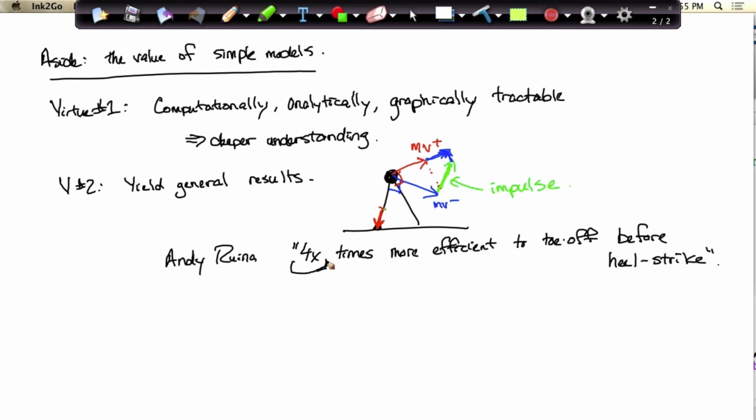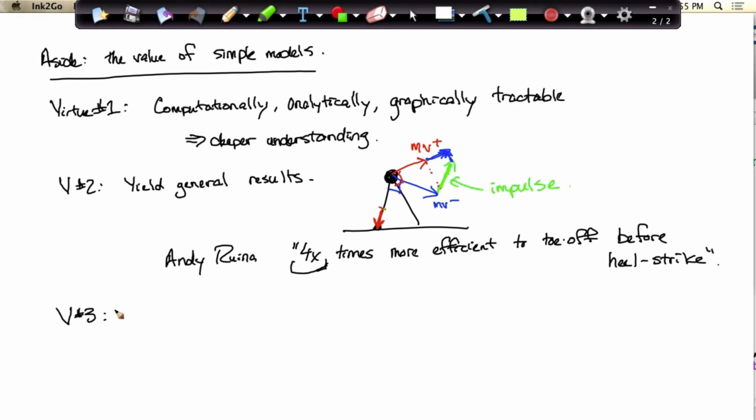But there's another virtue, the one that comes into play today, which is that some of these simple models, using that sort of idea, have actually started to give back and been used by biology to start making predictions and summarizing data in biology.